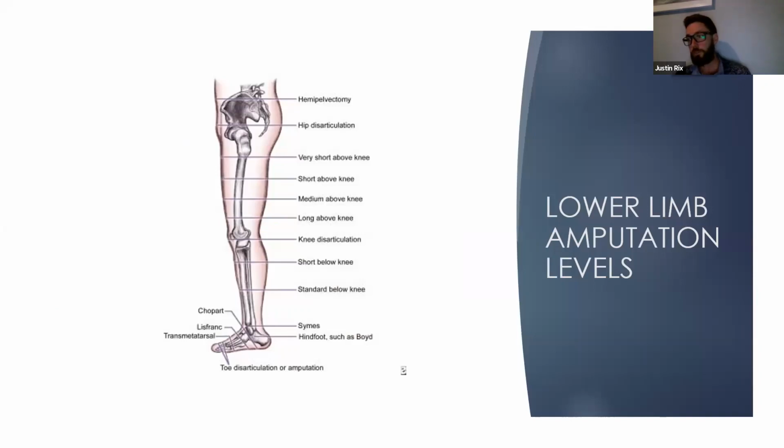If we could choose, then the lower level of amputation would be better. This is because it has a better functional outcome, but each level has its own challenges along with its own benefits. From an energy expenditure point of view, a BK amputation is the most efficient, and I'll briefly discuss this on the next slide.